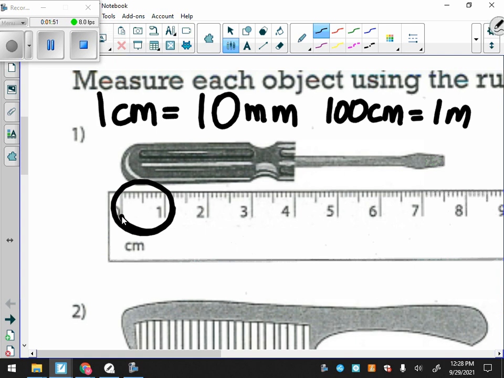Centimeters are 100 times smaller than a meter. I can cut this meter stick into how many pieces? Anthony. Centimeters. Oh, 100. So a centimeter is 1/100th of a meter.